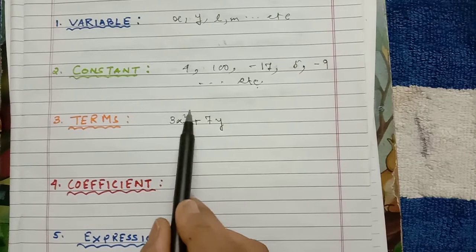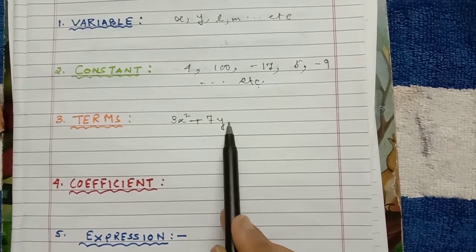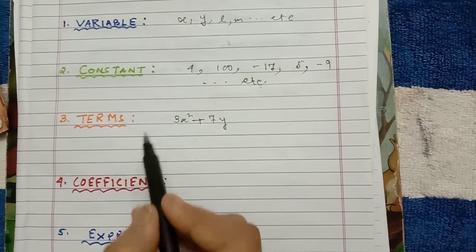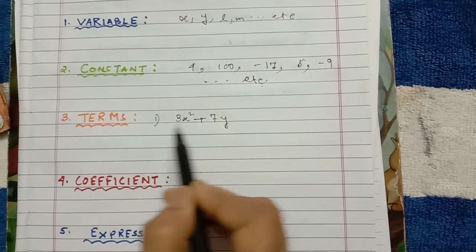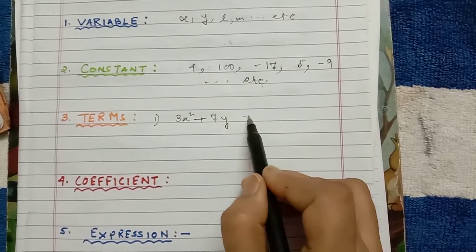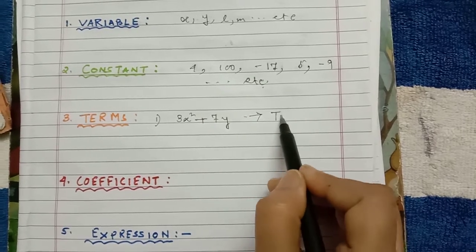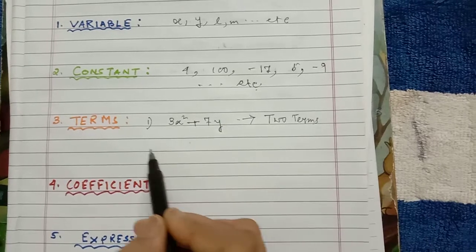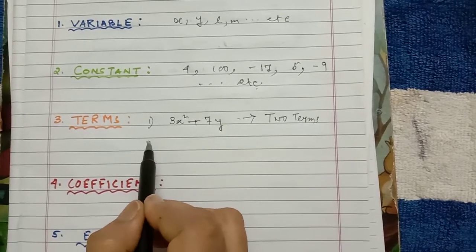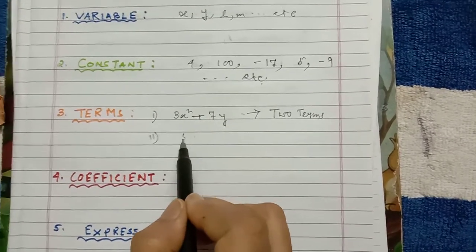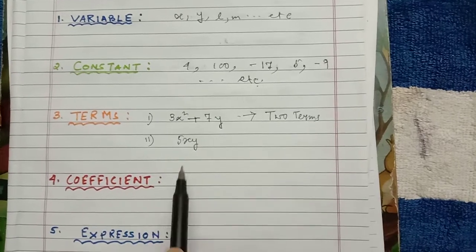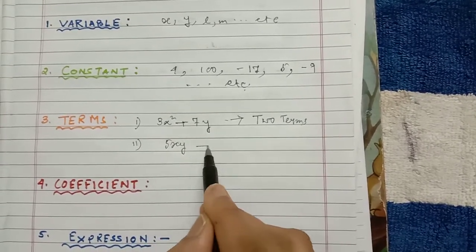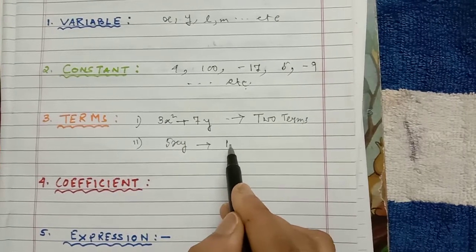One is 3x square and another is 7y. It is one example of an expression that has two terms. Next, take another expression, say 5xy. How many terms are there? You can see that here there is only one term.